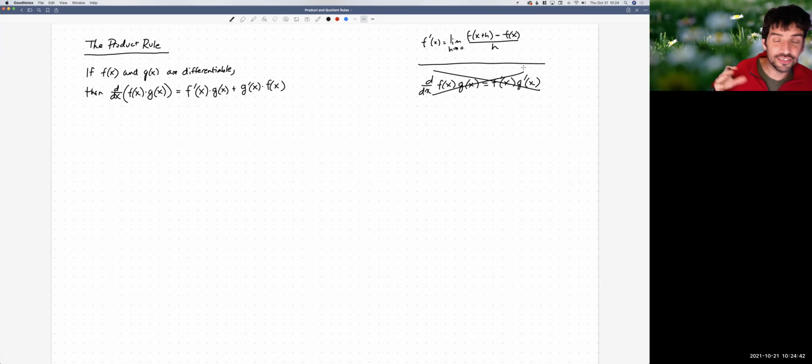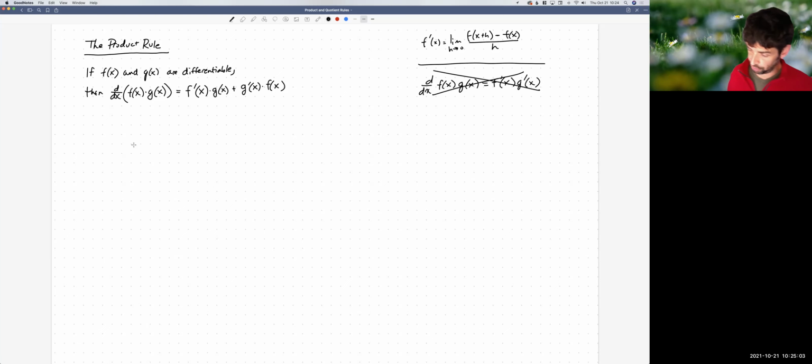It turns out that this is not true, okay? And it's a really easy mistake to make, because you want that to be true. It'd be so wonderful if that was true, but it just isn't. It's not the way derivatives interact with products. So let's see the proof of this and then do a few examples.